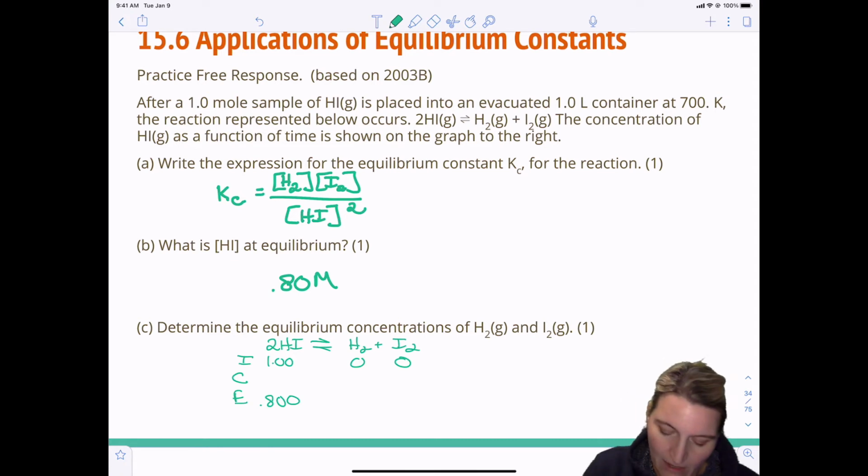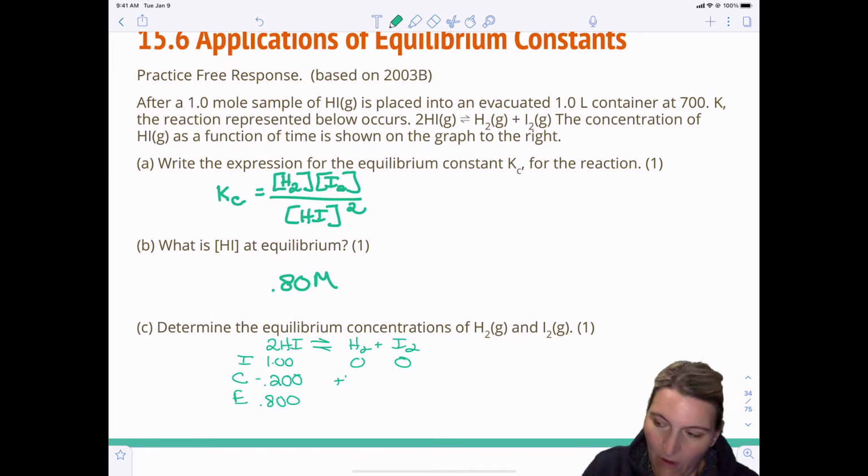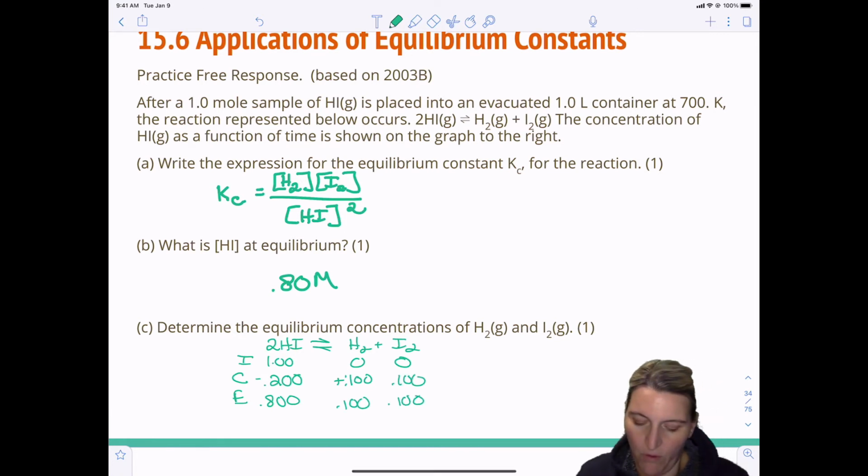So I can assume this goes down by 0.200, and that means that these guys must go up, because if one side goes down, the other side goes up. Because their coefficient is half that of HI, these guys go up by 0.100 for an equilibrium concentration of 0.100 for both of them.